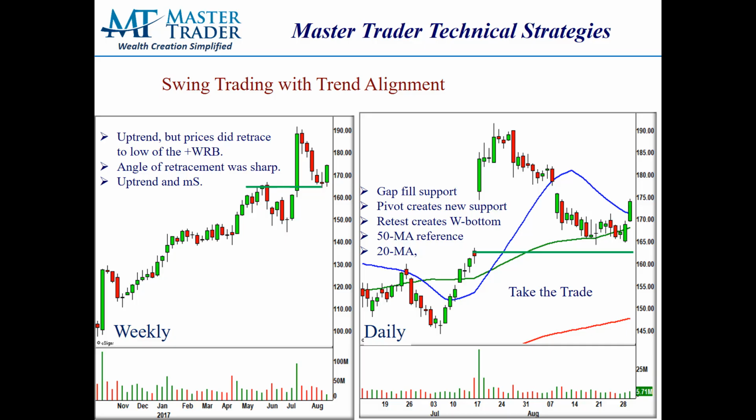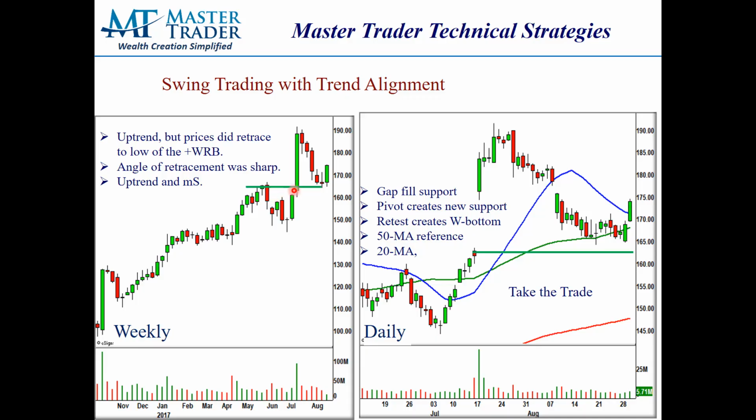Swing trading with the trend. Here on the weekly uptrend, prices are retraced back down to the bottom of this wide range bar. It's certainly not ideal, and it is definitely a concern. The angle of retracement was sharp. However, it's in an uptrend at minor support.